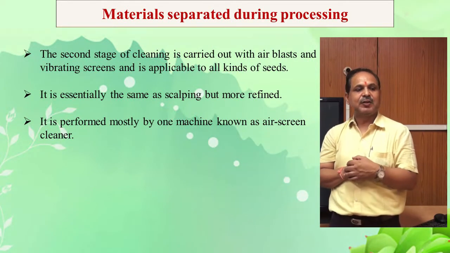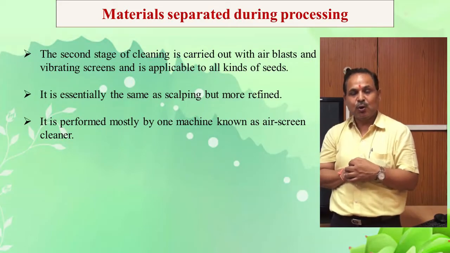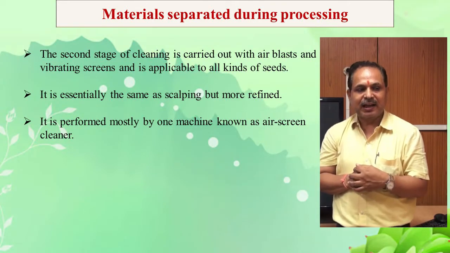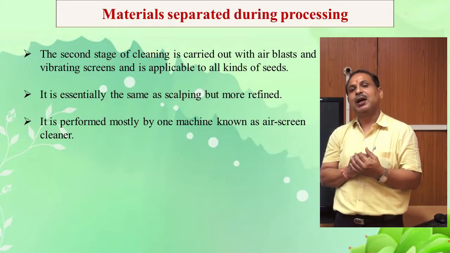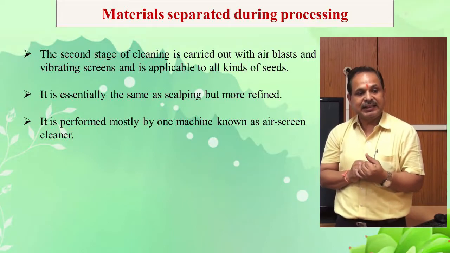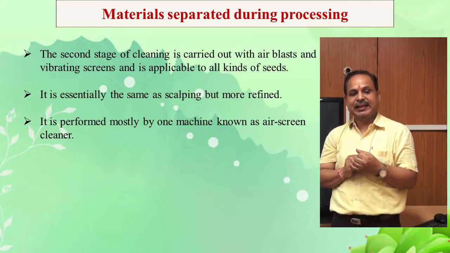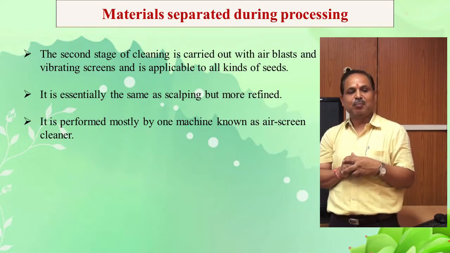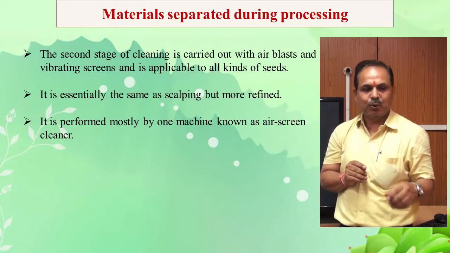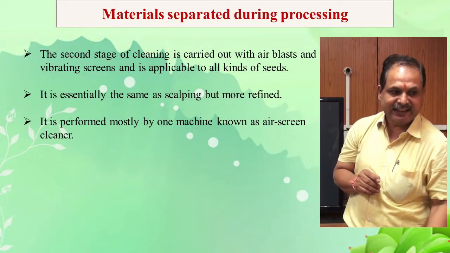The second stage of cleaning is also carried out with air blasts and vibrating screens and is applicable to all kinds of seeds. It is essentially the same as the scalping but not refined. It is performed mostly by one machine known as the air screen cleaner.